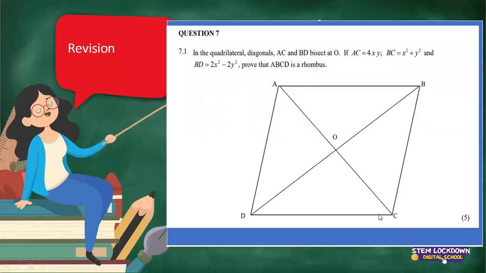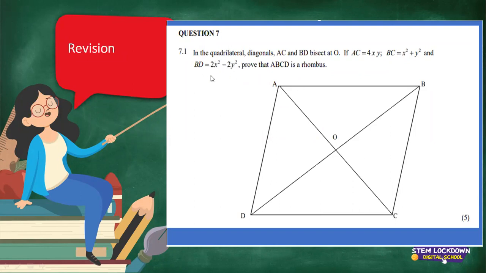And then OB is going to be x squared minus y squared, because we divide by 2. This whole length BD is 2x squared minus 2y squared.